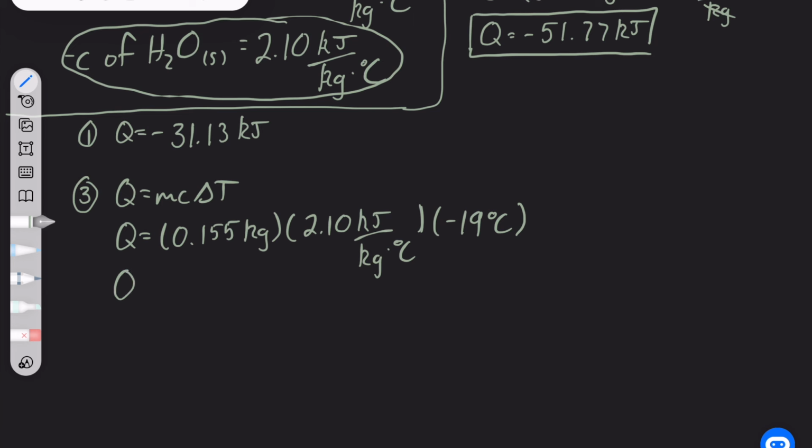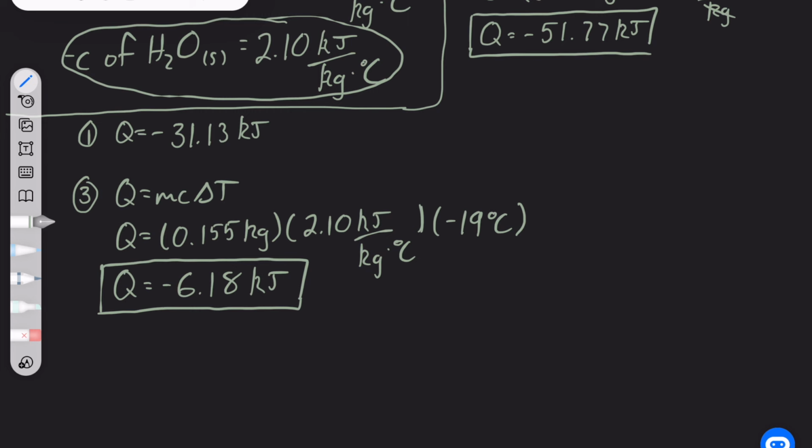And we get a Q of negative 6.18 kilojoules. And once again, folks, our Q is negative, so that means heat has been lost from the system, and that makes sense since our temperature is decreasing.